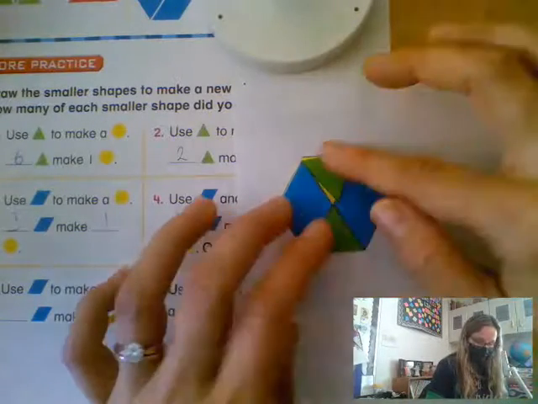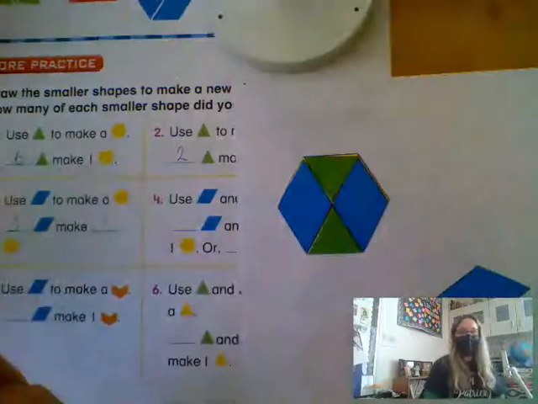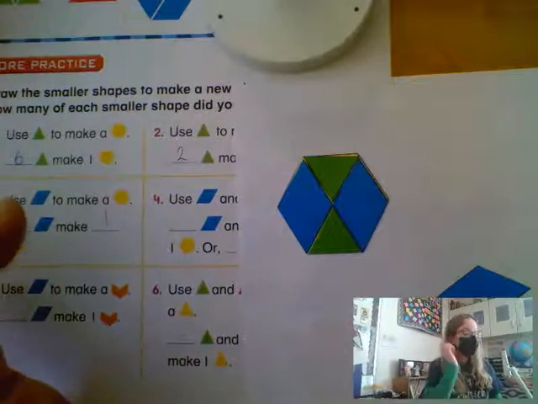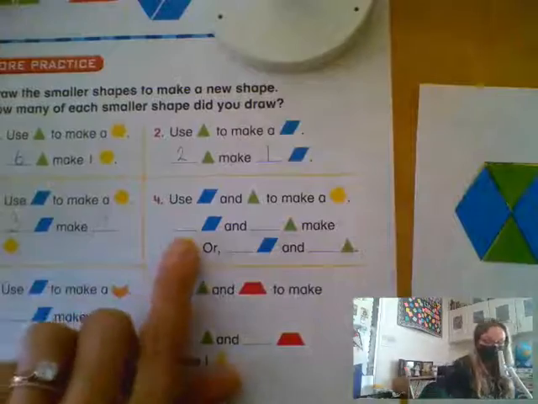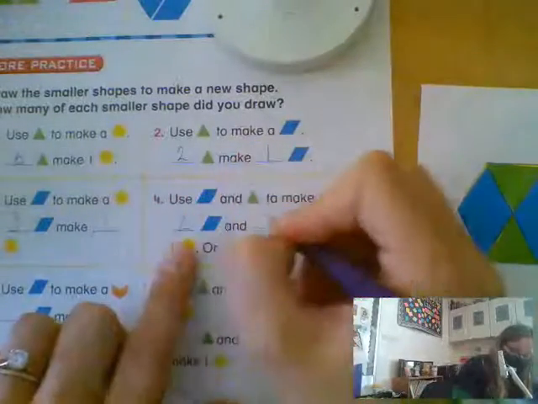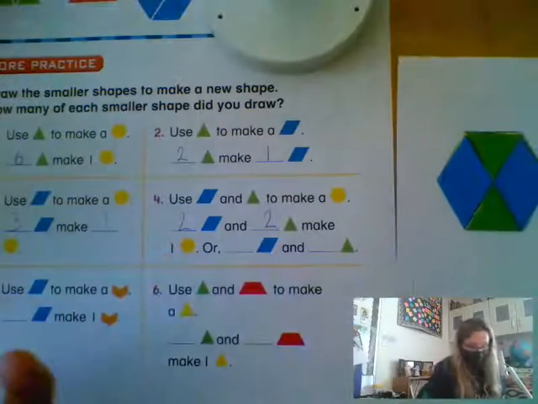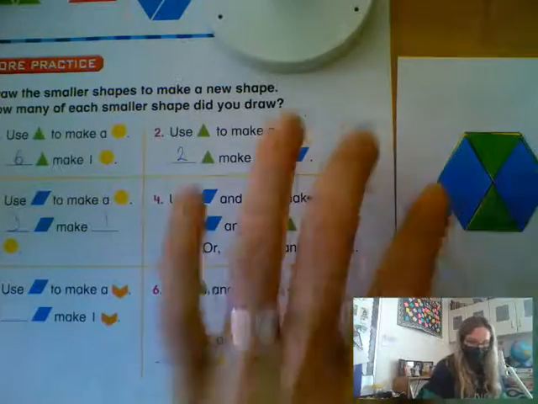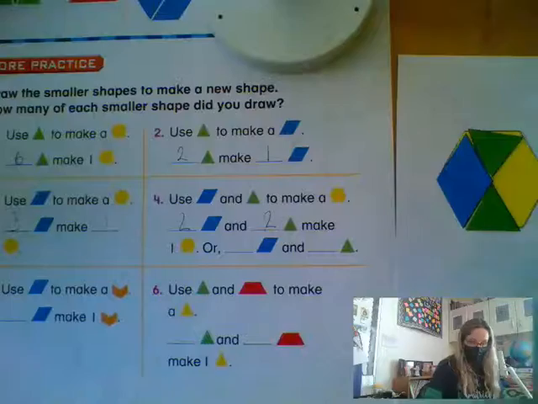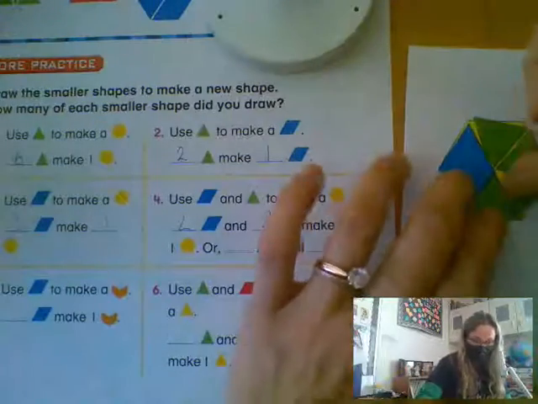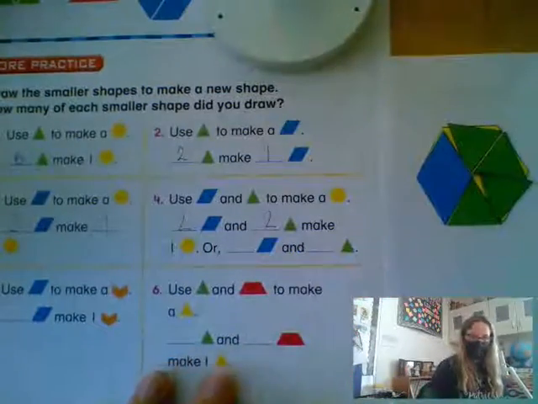So 2 rhombuses and 2 triangles make a hexagon. Or the other thing we could do would be 4 triangles and 1 rhombus.